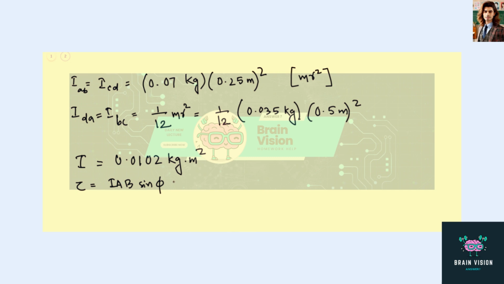Here phi is 90 degrees, so sine phi becomes 1, and we just have torque equals I times area times B. That's 2 ampere, the current, the area is 0.5 meter times 1 meter, and the magnetic field is 3 Tesla, and we get the magnitude of torque to be 3.00 Newton meter.